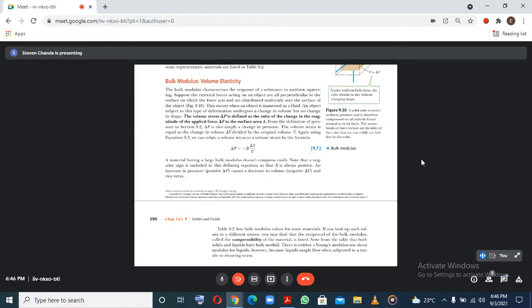Then the shear modulus: if you apply a parallel force on the liquid, it won't have a shear. It will just simply flow in the direction of the force. However, both solids and liquids have a bulk modulus, or bulk moduli. Why? Because you can compress a liquid.